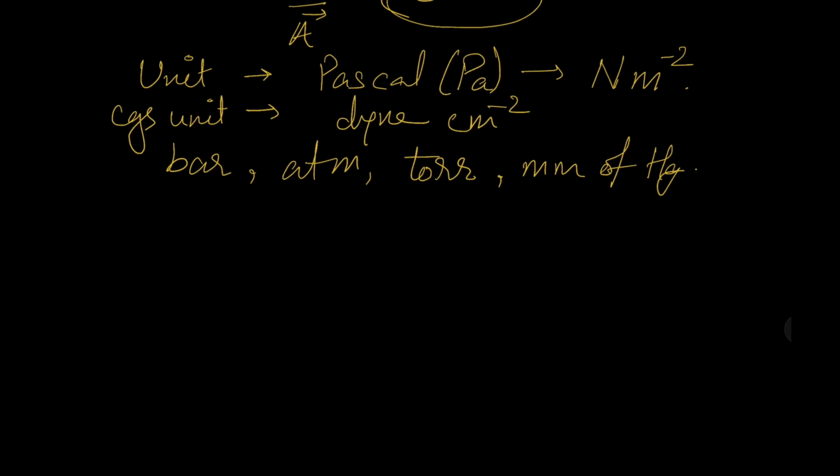So we now know about pressure, and it is nothing new as compared to what we have studied in class 9. So next up we will deal with applications of pressure.